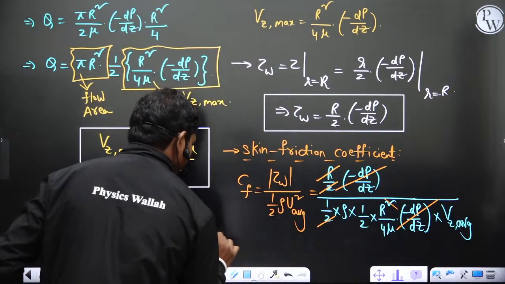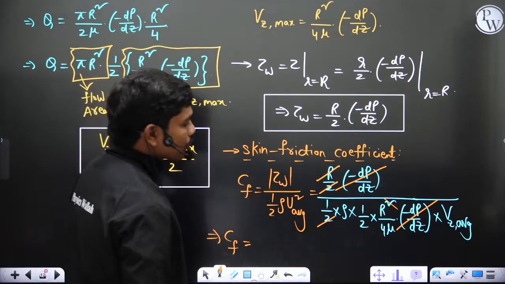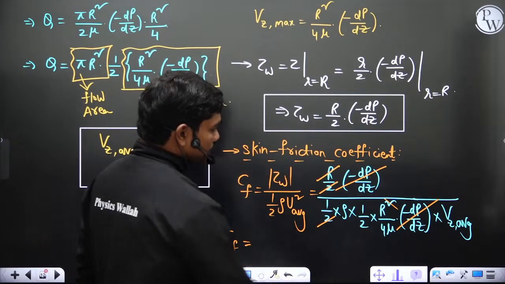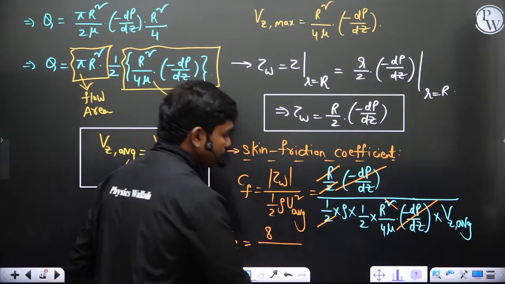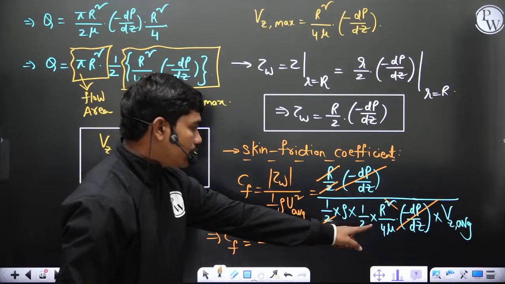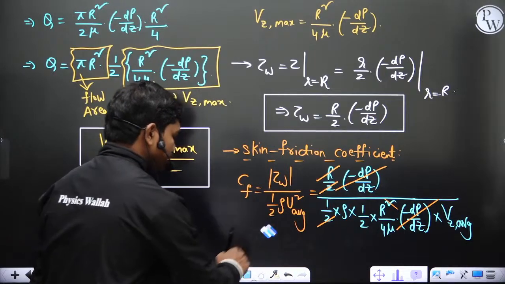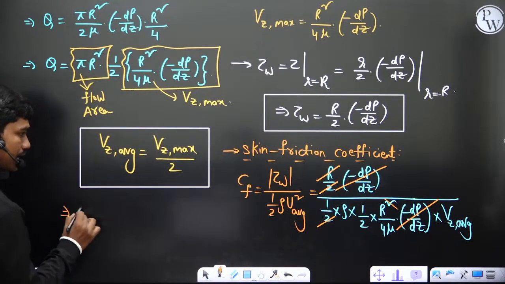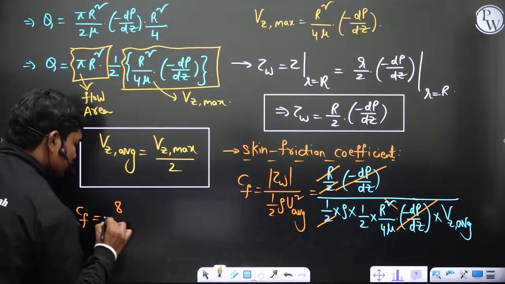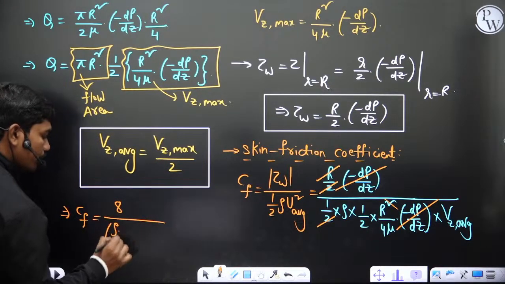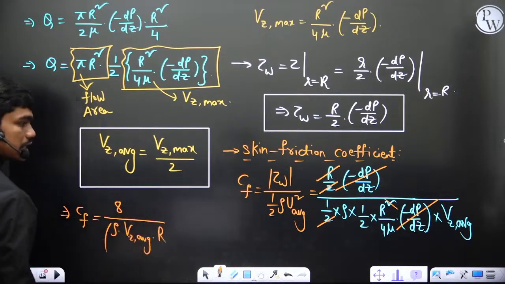Then you can see CF, skin friction coefficient, is equal to, let us check what terms you have here. This 2 and 4, if you send to the top, 8, divided by rho Vz average velocity into radius by mu.